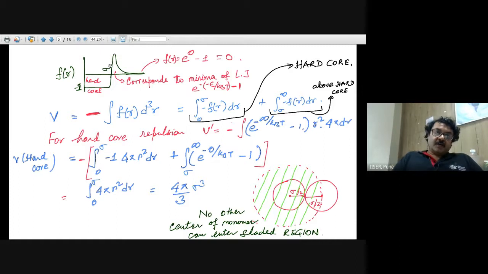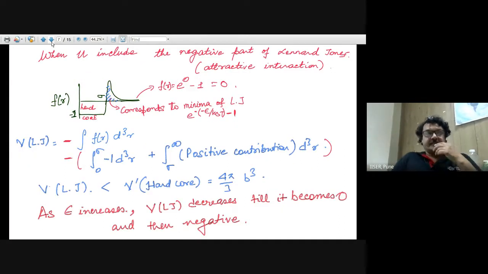Now how does this excluded volume get modified when you have an attractive potential like Lennard-Jones, or a repulsive potential? Let's discuss that. That's the next step.